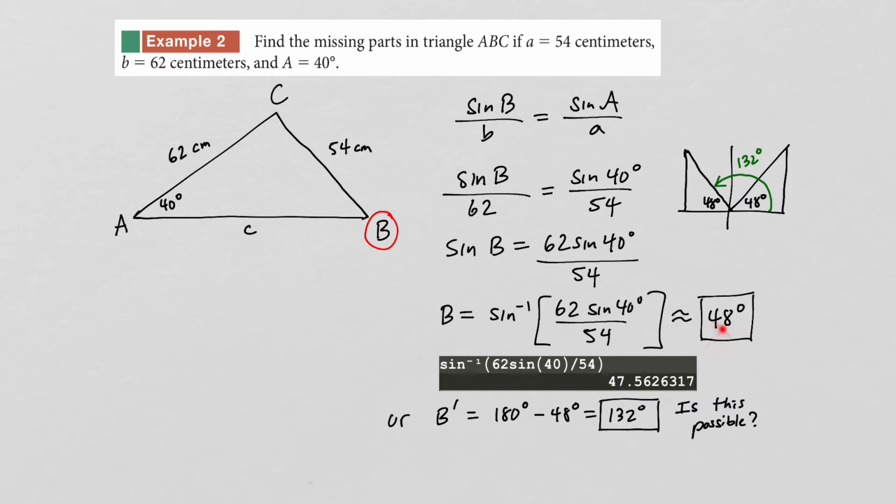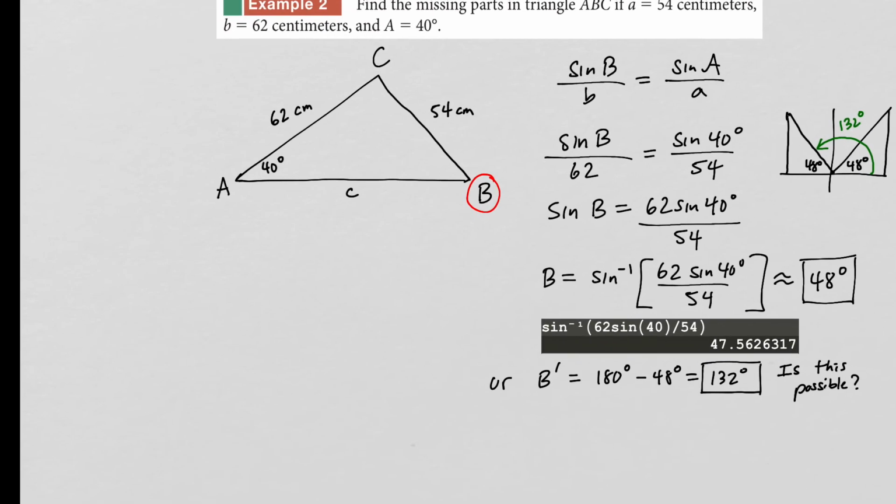Now we know it can be 48, but can it be 132? Well, as long as this angle here and the original angle that you started with is not more than 180 degrees together, then yes, you have a second possible solution. So I know this can be a little bit confusing, but basically, in this problem, we're going to have two possible solutions.